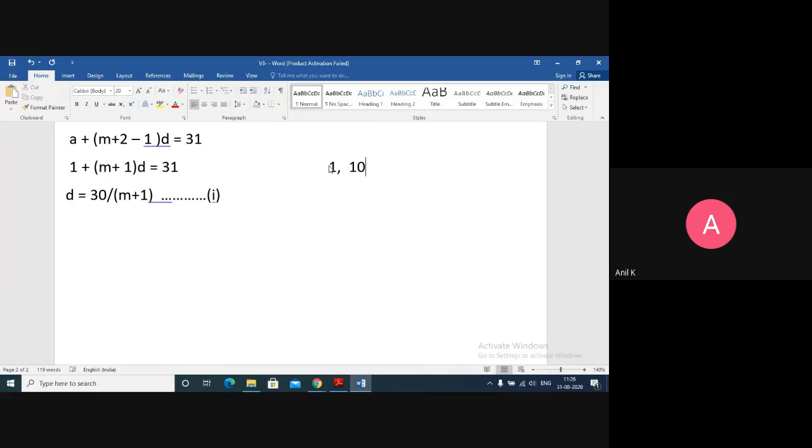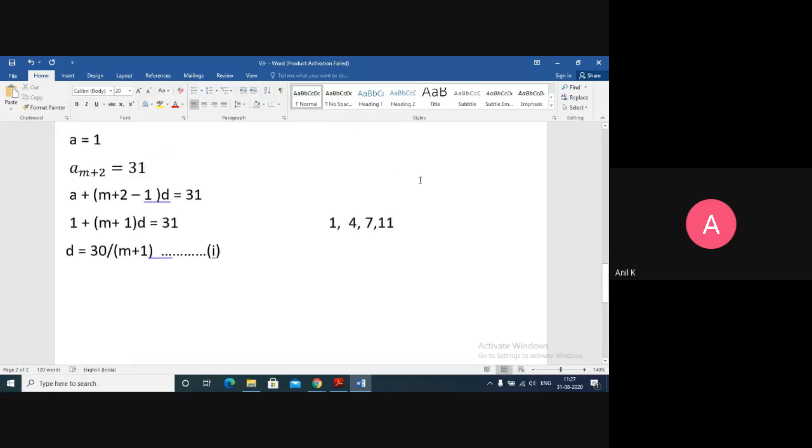If I insert, not 10, let me go for easy calculations. If I take 11, if I insert 3 numbers between 1 and 11, the d value will be 12 upon 4, which is 3. 1 plus 3 is 4.